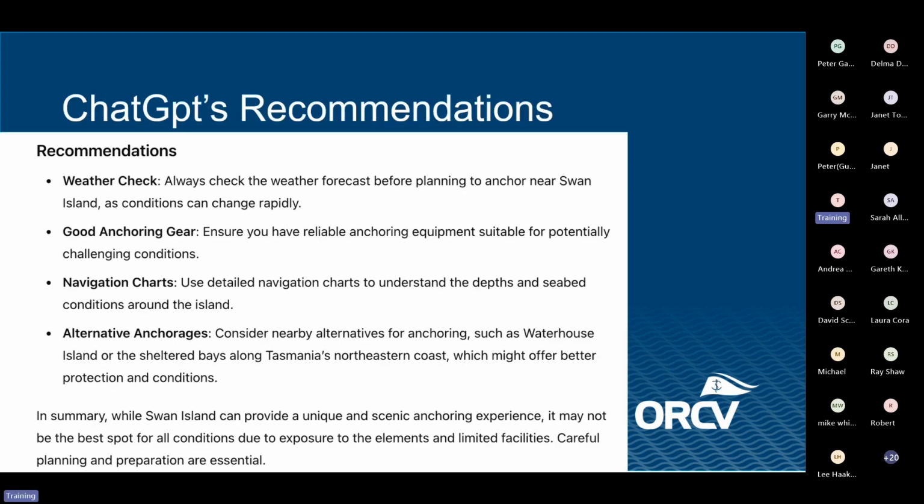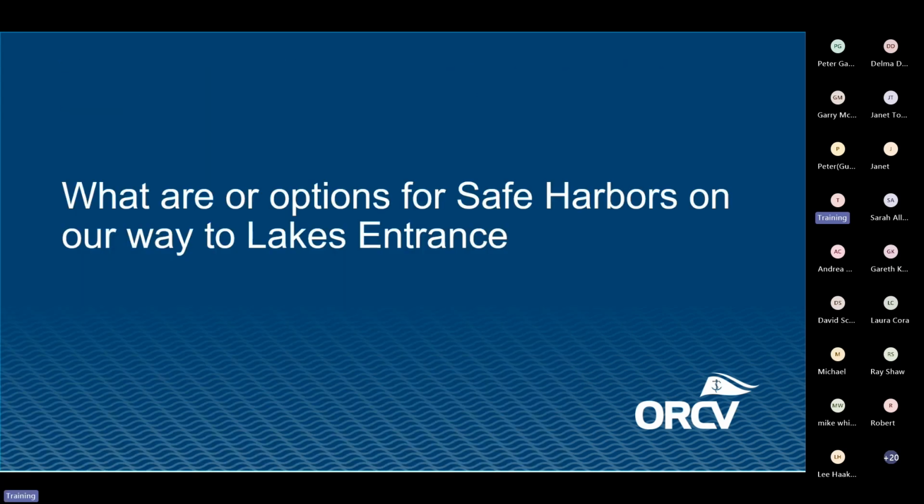So it goes on a bit about here. And then we're looking at what are our safe options on the way to Lakes Entrance, given that little talk that I gave you.